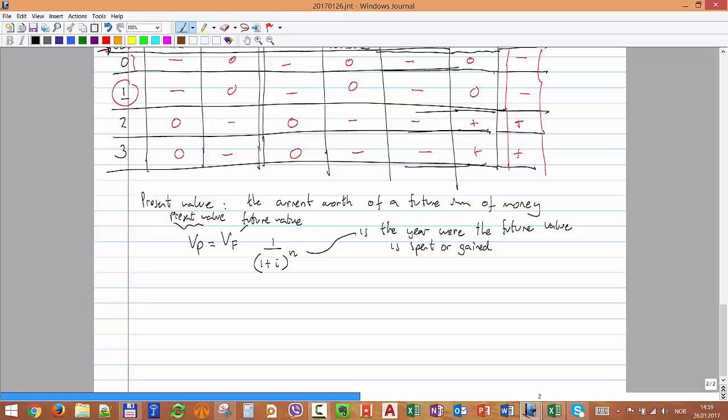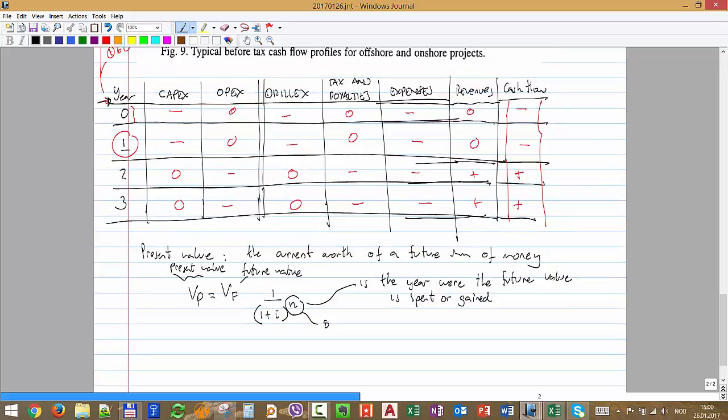For example, if the future value is some revenue that you're going to get due to sales of oil, and that's going to happen in year 8, that will be 8. If it's, for example, capex that is going to happen in year 1, you put number 1 here. It's the year in which that happened. Also please note that by convention we do this sum in every year, at the end of every year.